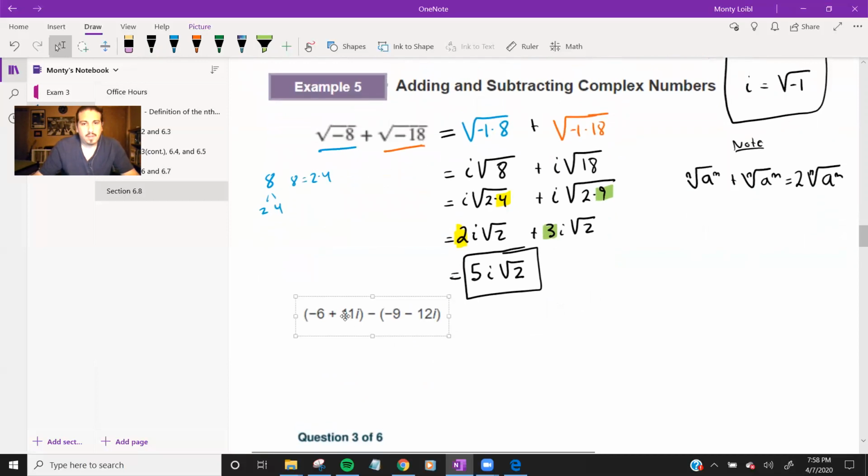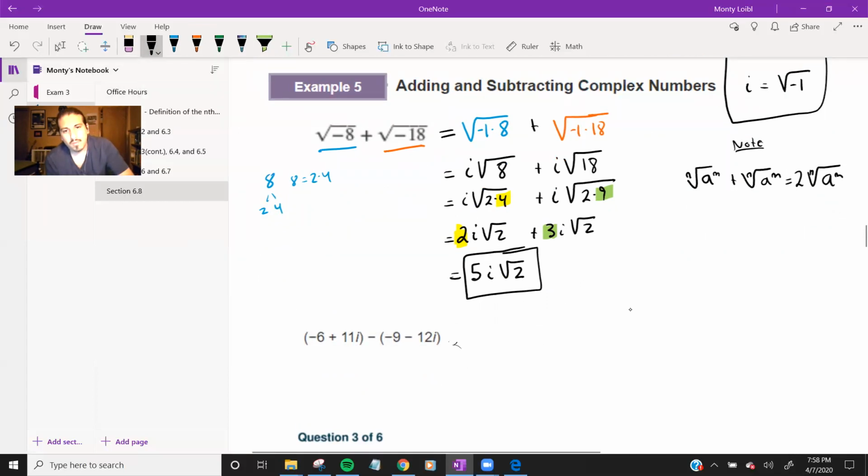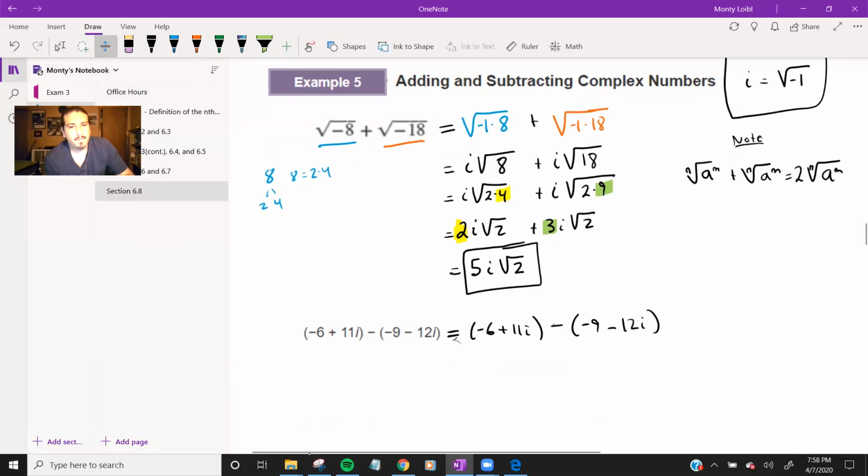Okay, so here now we're subtracting them. Just like when we were subtracting two quantities, you want to make sure to distribute your negative sign. So we've got a -1 out in front, so you want to distribute that to both of those two terms here.